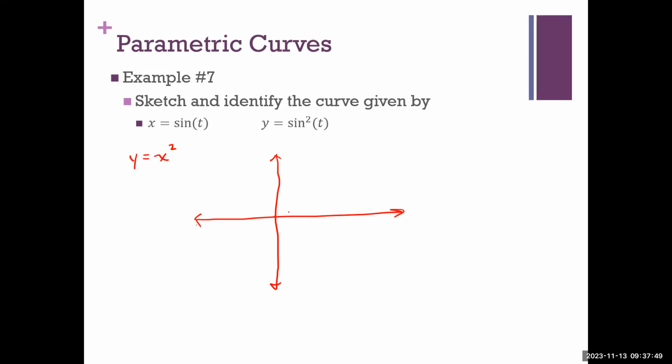Yep. The parabola that has its vertex at the origin. That's not bad. I know you could plug in some values for t. I don't know how obvious it would be, or if it would help you get to where you're trying to go.